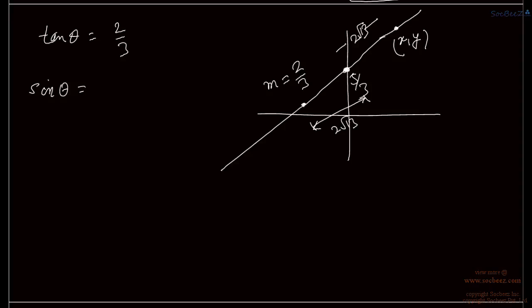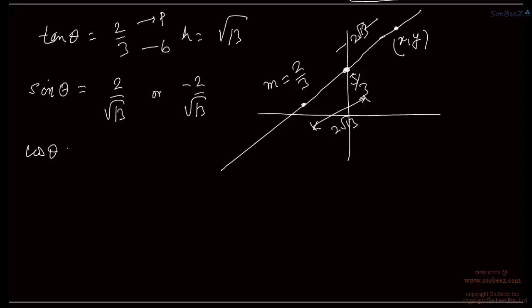Say this is P, this is B, then H is equal to the square root of P square plus B square, which is root 13, right? So sin theta can be either 2 upon root 13 or minus 2 upon root 13. Similarly, cos theta can be either 3 upon root 13 or minus 3 upon root 13.